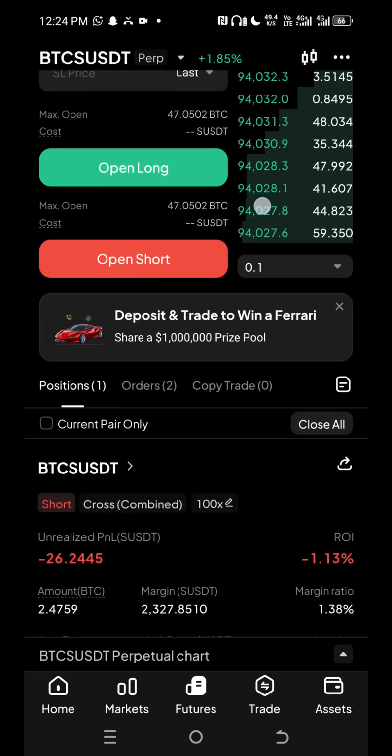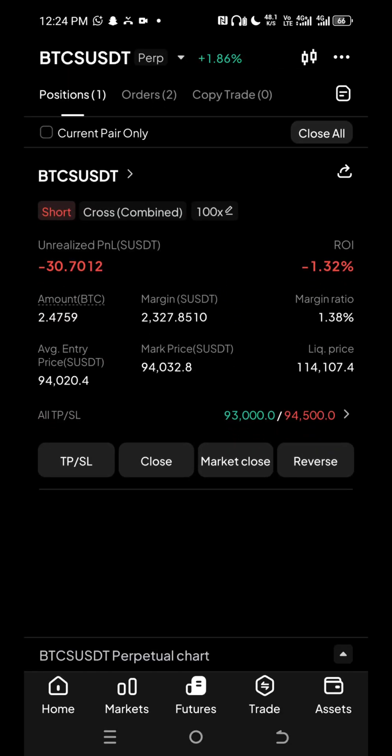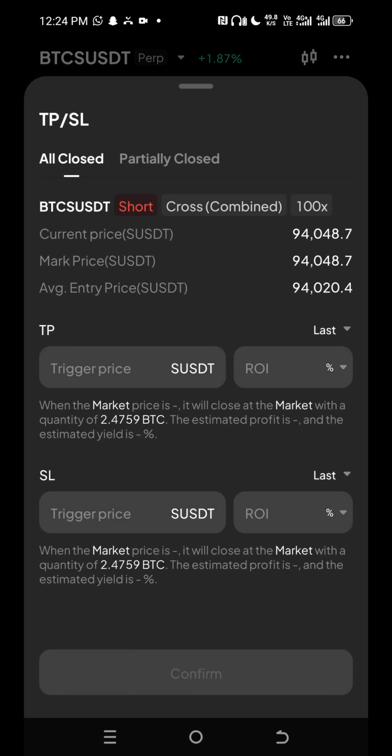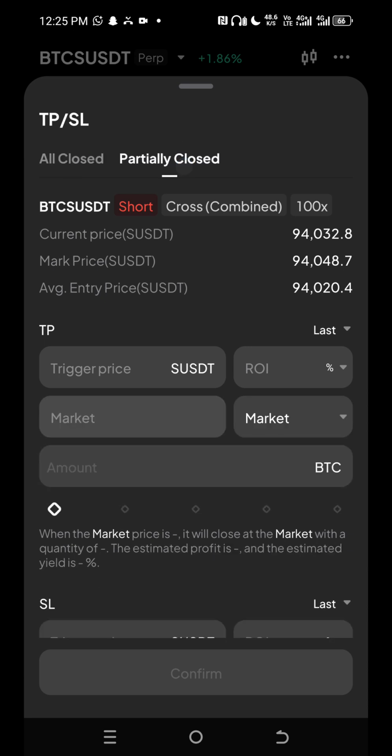Now let me show you. This is when your trade is active. Here you have close market, close, and TPSL. This TPSL is if you want to set your TP and SL. If you did not set it, you can set it here. You can also set partial TP or partial SL.